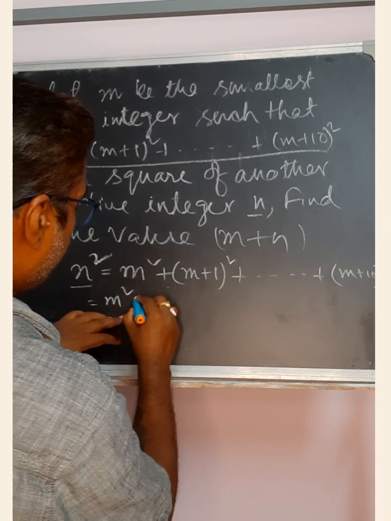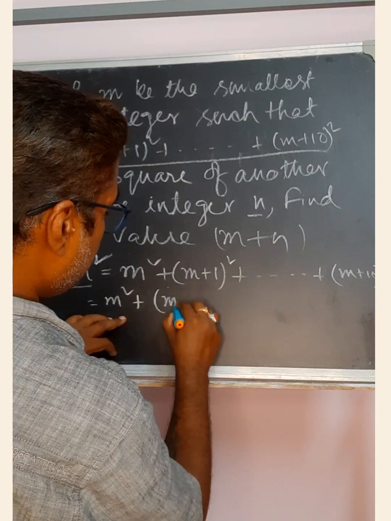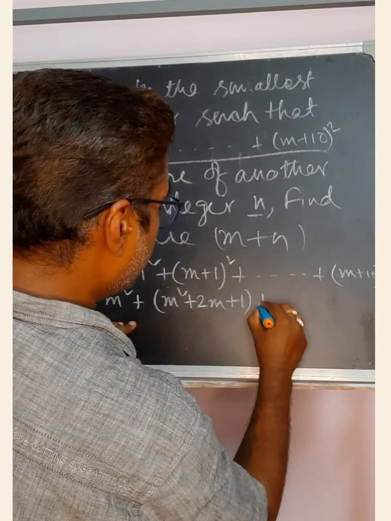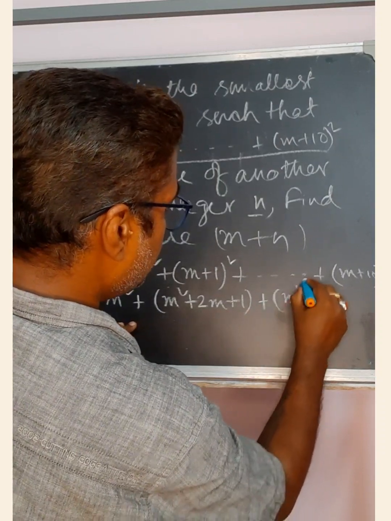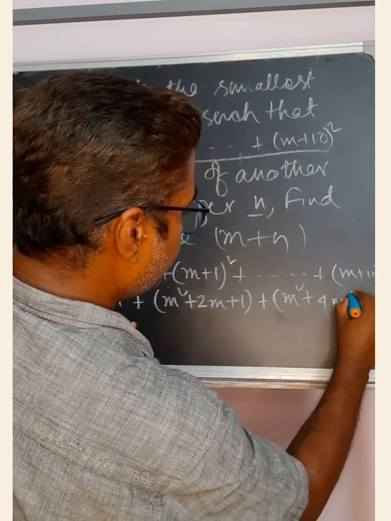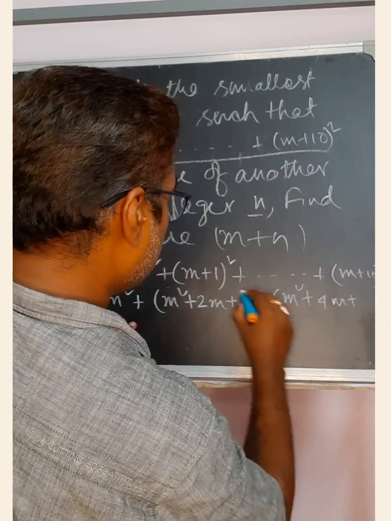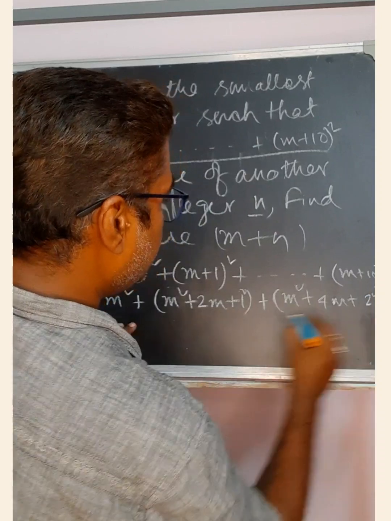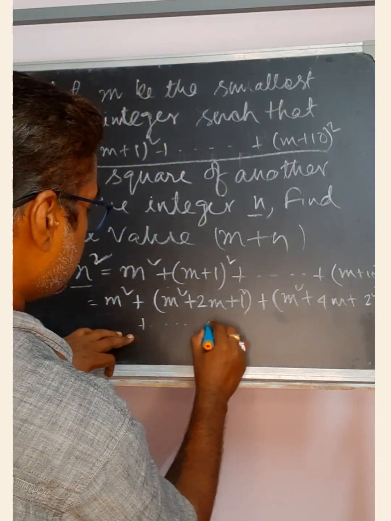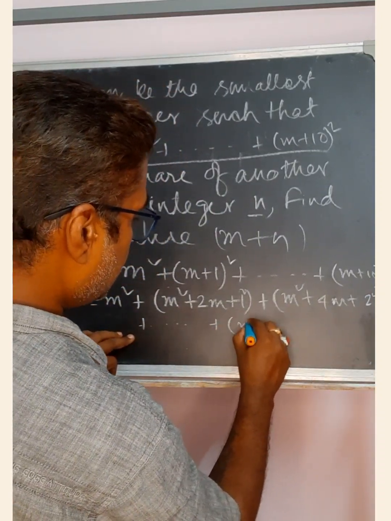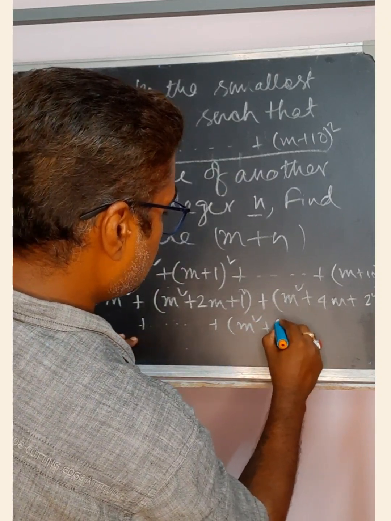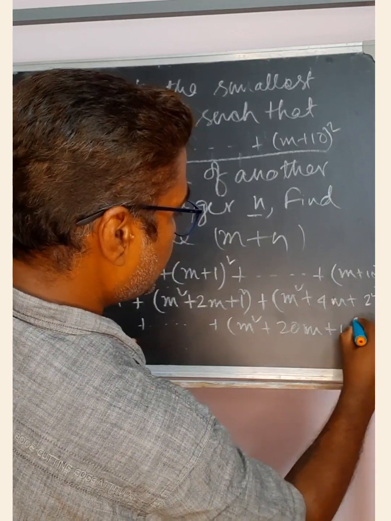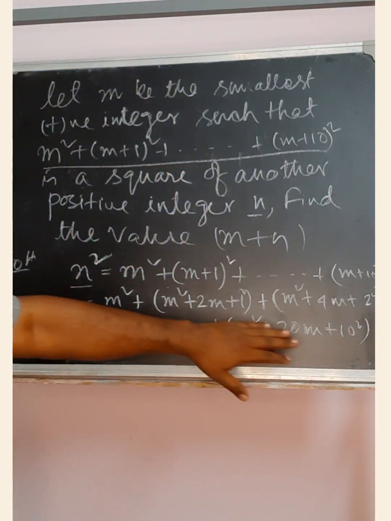It will be m square plus 2m plus 1. The next term would be m square plus 4m plus 2 square I will write. Okay, there is a specific reason for writing like that. m square plus 20m plus 10 square. Okay, so this way I can expand.